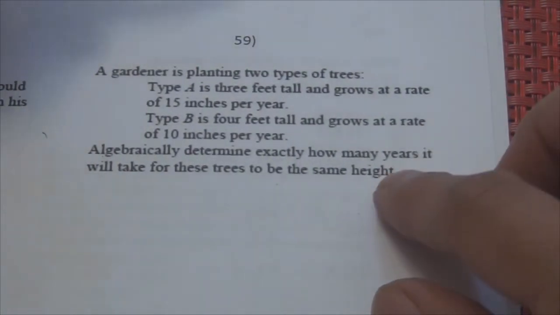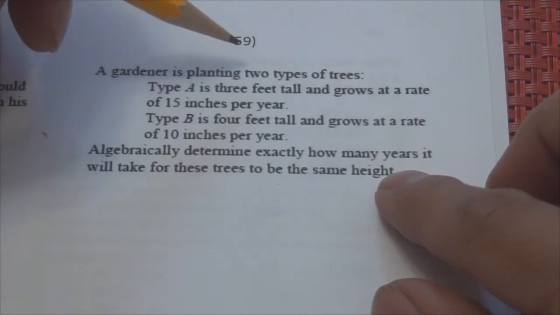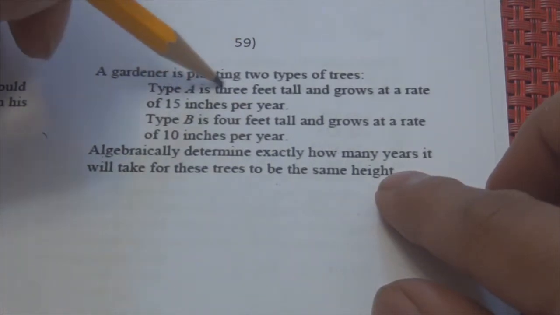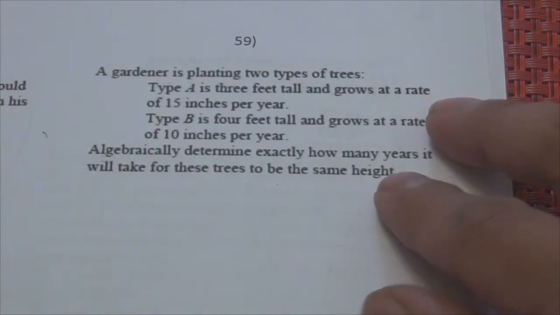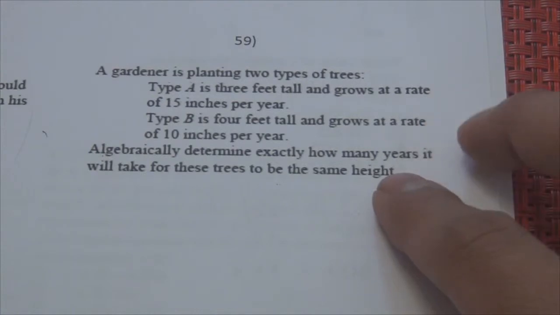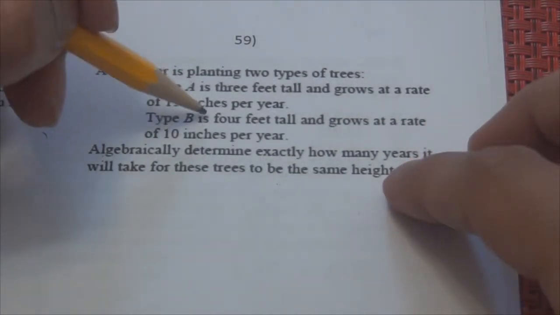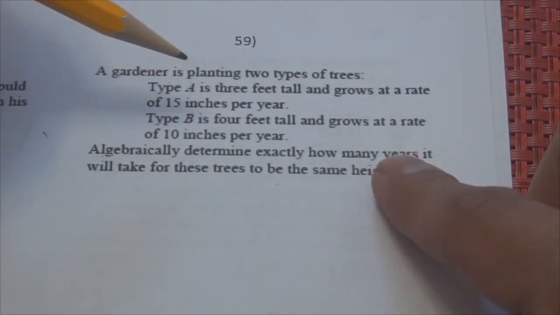A gardener is planting 2 types of trees. Type A is 3 feet tall and grows at a rate of 15 inches per year. Type B is 4 feet tall and grows at a rate of 10 inches per year.